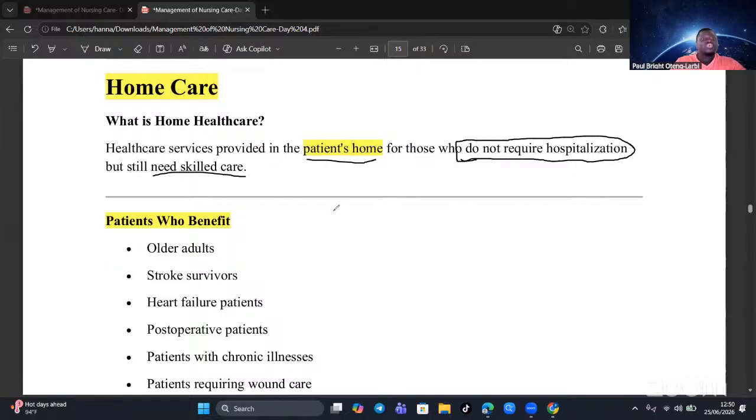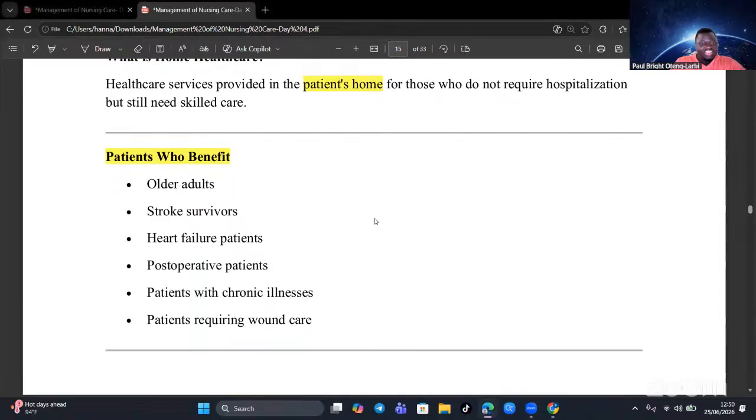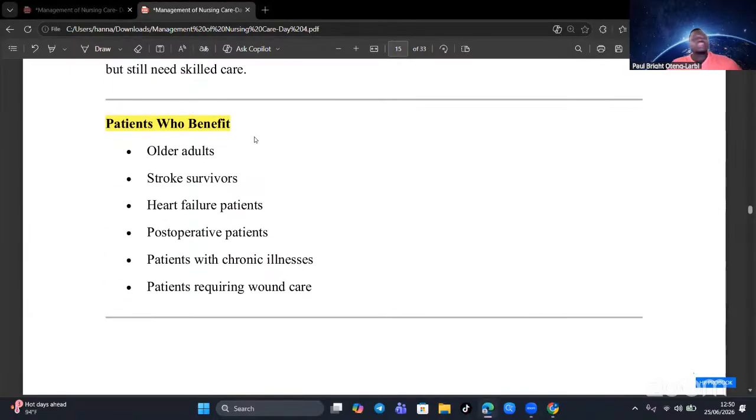So what are the benefits this patient is going to get from Victor's company, the home care company? Patients who benefit from home care are older adults, stroke survivors, heart failure patients, post-operative patients, patients with chronic illness, and patients requiring wound care.